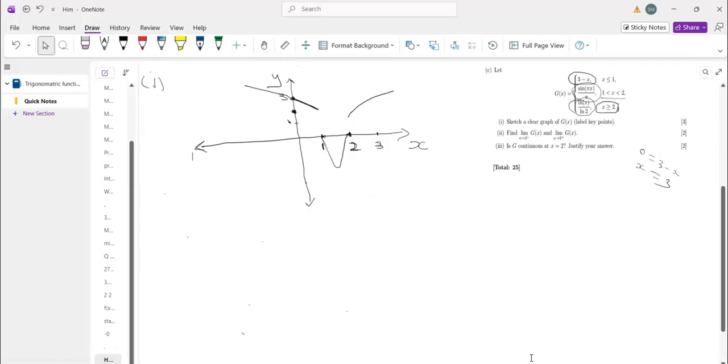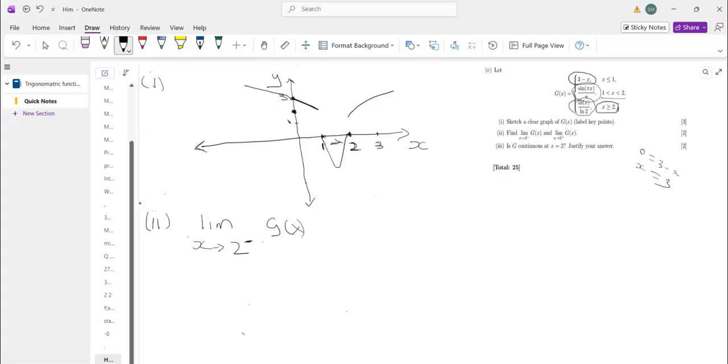Okay, so now let's find the limit as x approaches 2 from the negative side of g of x. So we are approaching g of x from here.